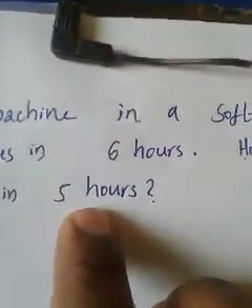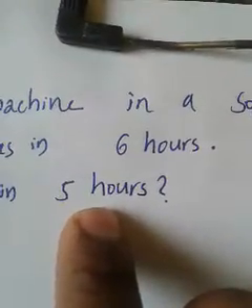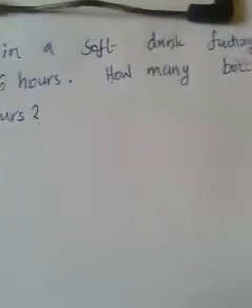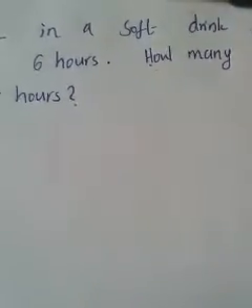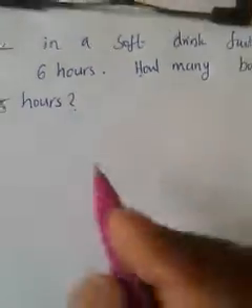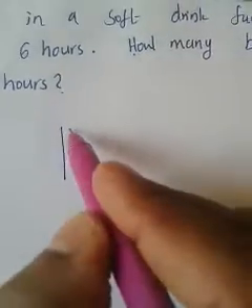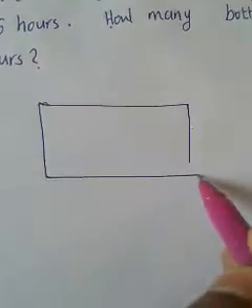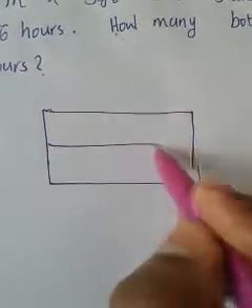We are supposed to calculate then, in 5 hours the same machine, how many bottles will it fill in 5 hours? That is the question. So first of all, in order to solve this question, the first step you must take is to draw a table like this. I will show you how to draw the table. This is the table, a small table you have to draw.